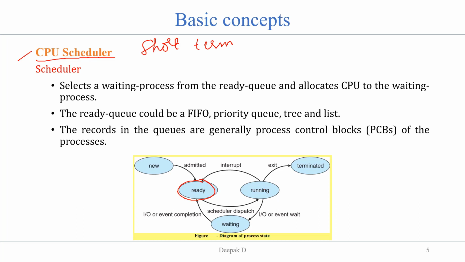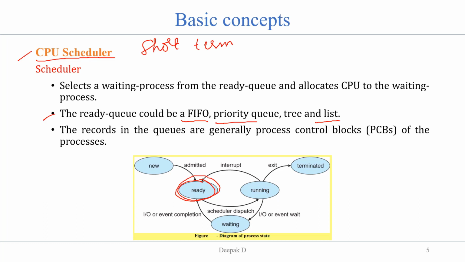This scheduler selects a process from the processes in memory that are ready to execute and allocates the CPU to the process. Whenever we use some of the scheduling algorithms, that ready queue might be implemented as a first in first out queue or priority queue, or it might be a tree or simply an unordered linked list.